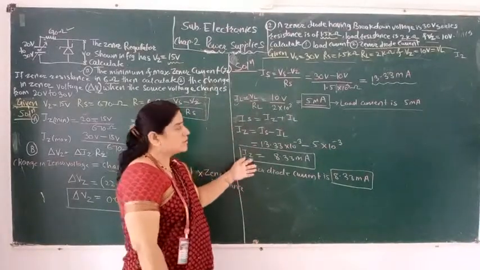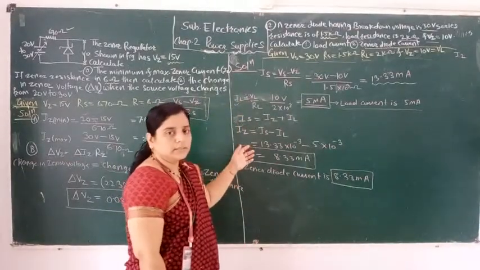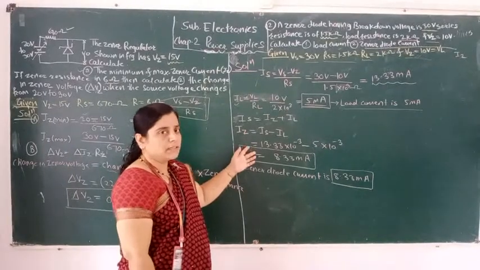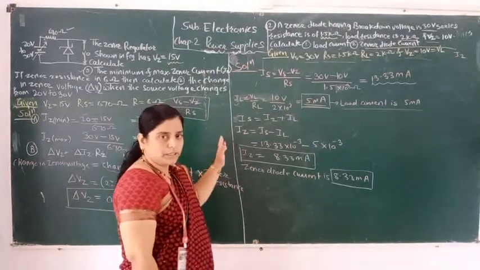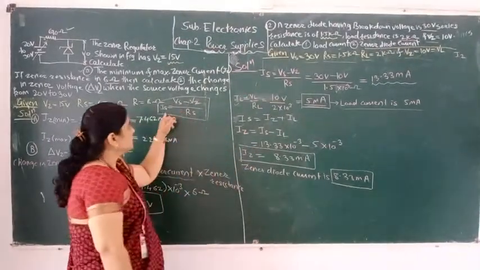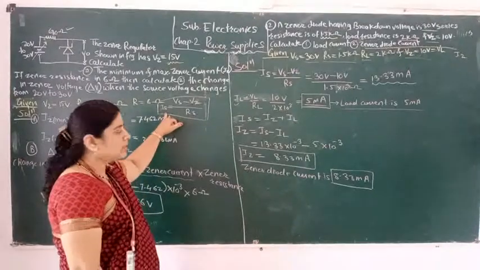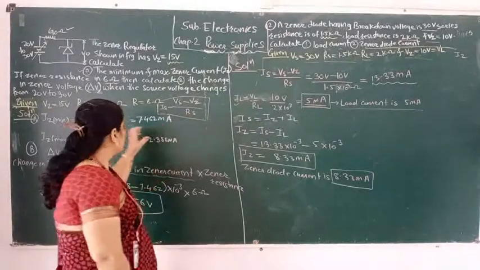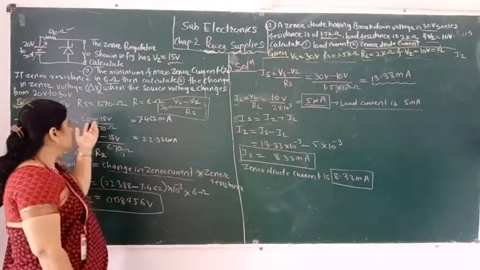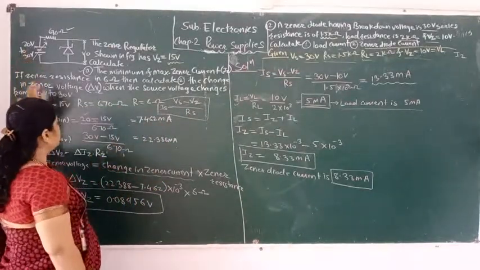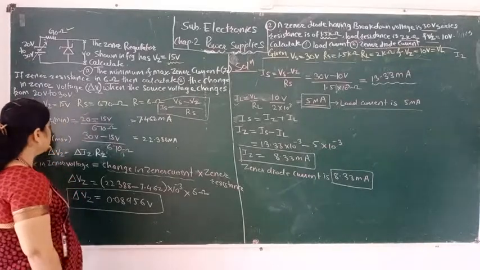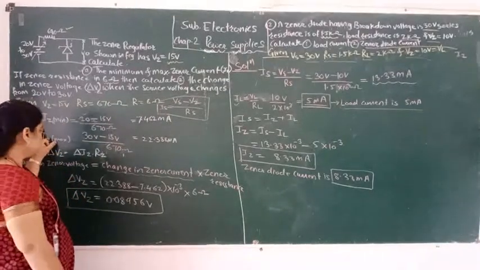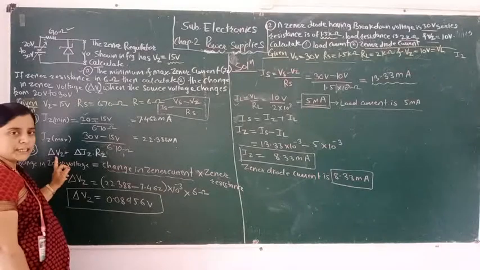We know this formula from the previous lecture on the Zener voltage regulator. There we saw the current Is is equal to Vs minus Vz upon Rs. The minimum value is given, the maximum value is given, and from that we have to calculate the minimum current and maximum current. Then there is a change in voltage.